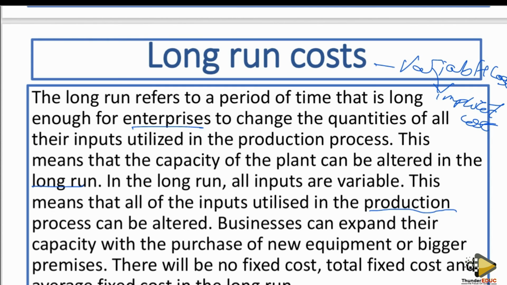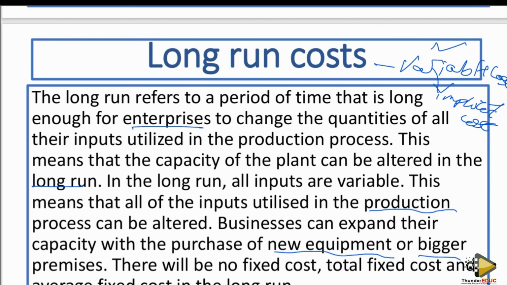In the short run, it is not easy for businesses to keep pumping money to buy new equipment, to occupy bigger premises that are very costly, or to open more branches. But in the long run, since factors of production normally vary, it is easy for businesses to engage in any form of expansion.